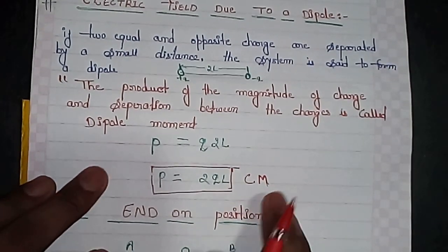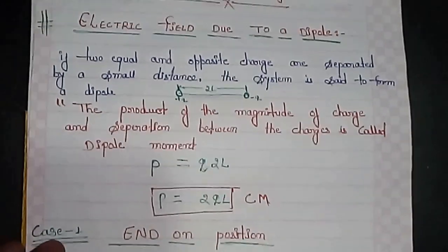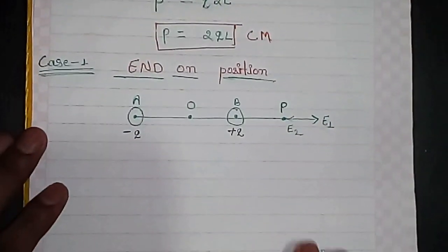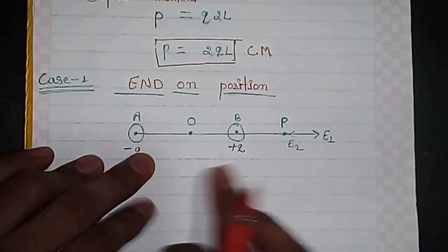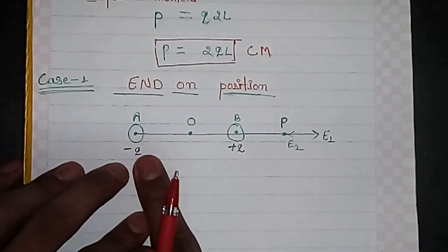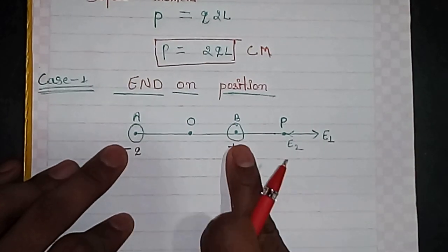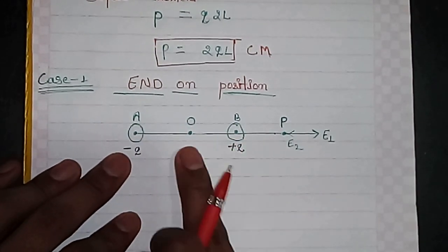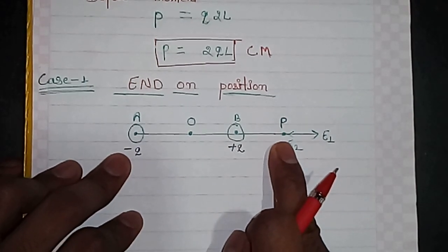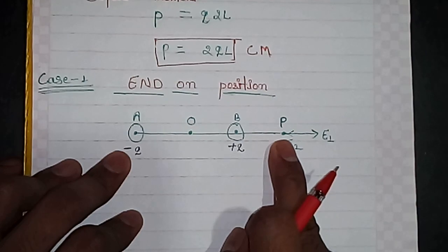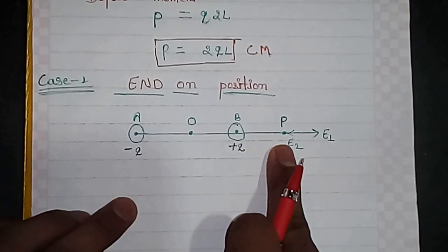There are some cases in electric field due to a dipole. The first case is the end-on position. To derive the expression of the electric field of a dipole at a point P, take two charges, minus q and plus q, represented by A and B, with the midpoint O. P is the point where we have to calculate the electric field, which lies on the axis.